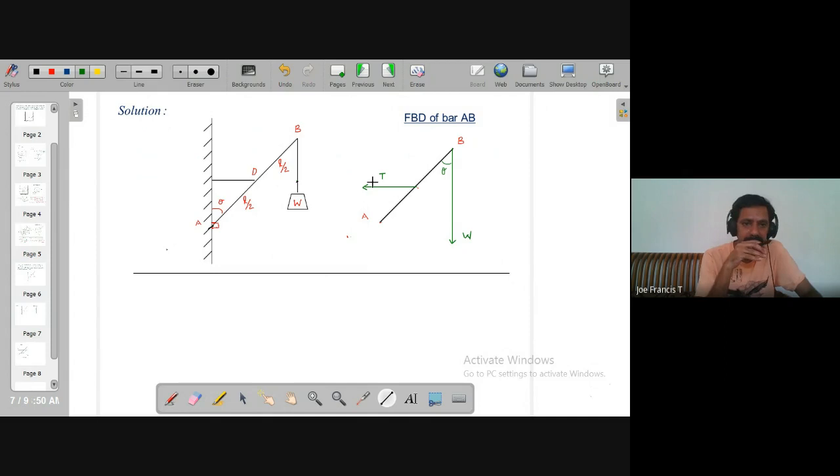Now the third force is the reaction at the hinge. The hinge support will offer resistance or restriction in both x and y directions. Right? So you have a reaction in the x direction, which is XA.